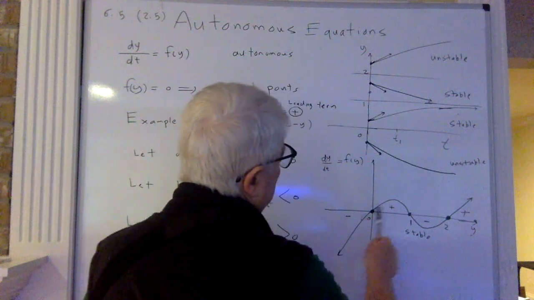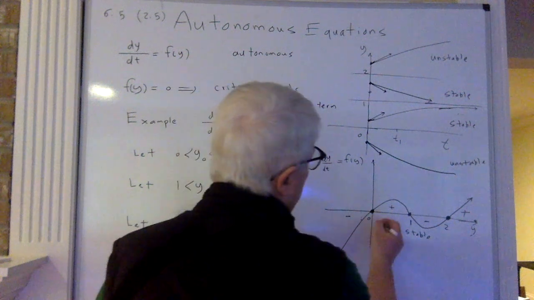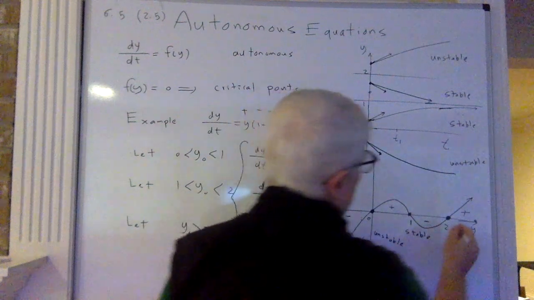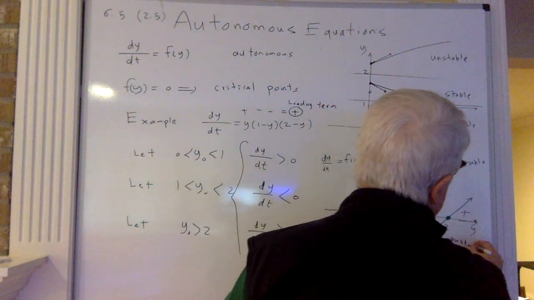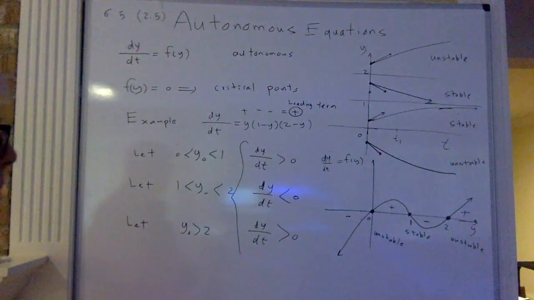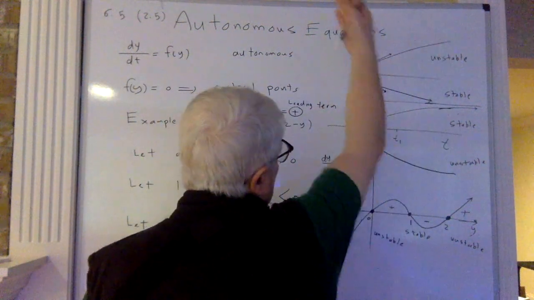If it goes from negative to positive, it's unstable. So this is unstable, and this is also unstable. So 1 is stable, 0 and 2 are unstable, as you can see from this picture. Going from positive to negative, you can see why this happens. Positive means it goes this way, negative goes this way.